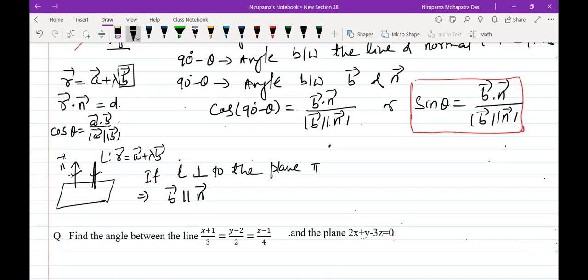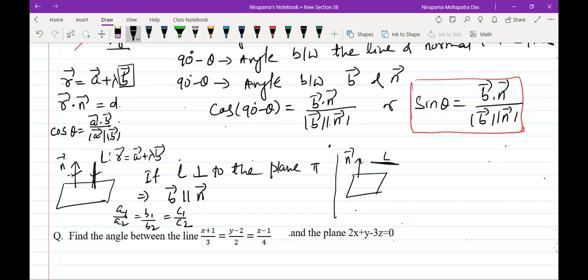You know the condition for two lines to be parallel: their corresponding direction ratios are proportional. The condition would be a1 by a2 equal to b1 by b2 equal to c1 by c2, where a1, b1, c1, a2, b2, c2 are the corresponding direction ratios of the b vector and n vector respectively. Similarly, if you take the plane, this is the normal to the plane, and the line L is parallel to the plane.